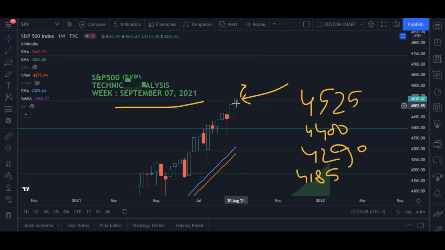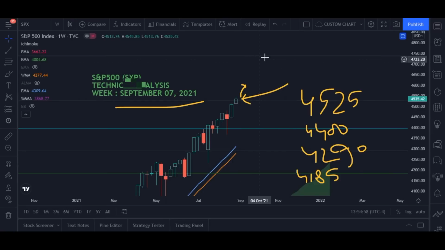But again, because the market is at a very critical junction here, 4500, then 4525, 4560, 4570, and I guess 4570 or 75 will be the last price that the market may hit.